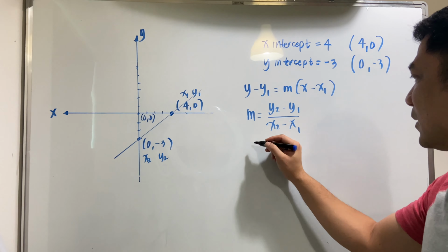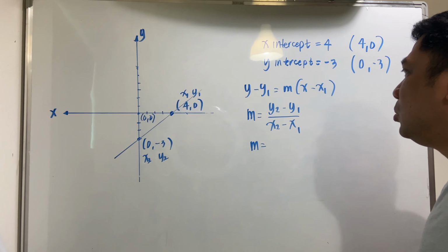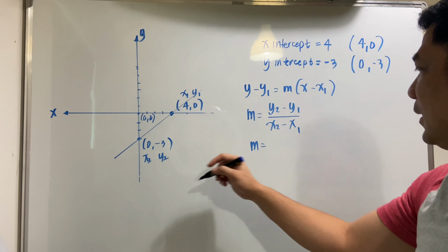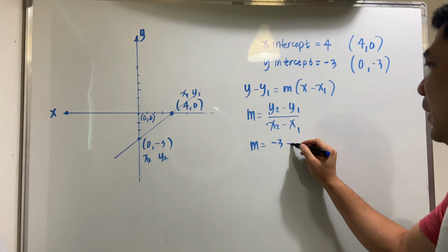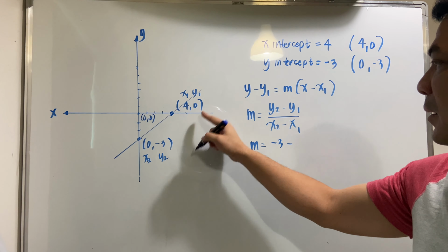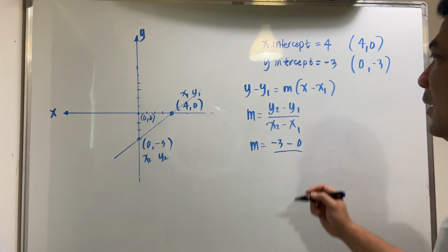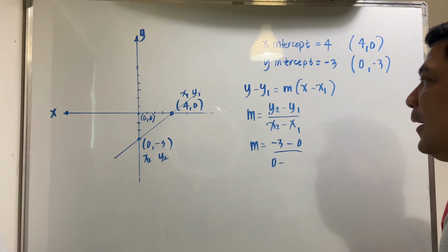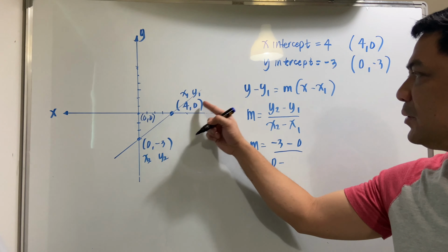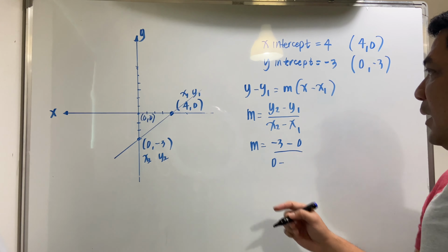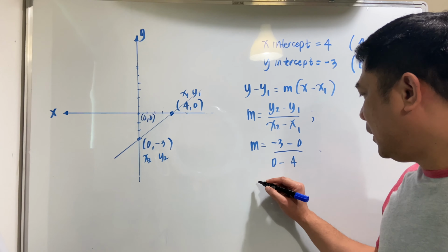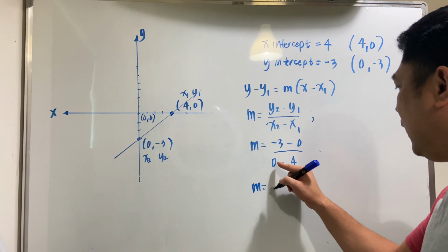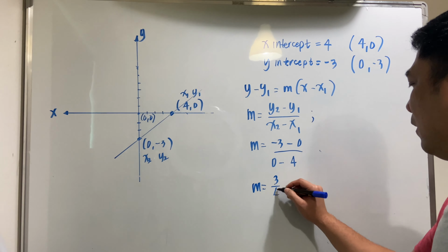Okay, so we can solve for the slope. m is equal to y2, that is negative 3 minus 0 over 0 minus our x1 here is 4, so m is equal now to negative 3 over negative 4, so that is 3 over 4.